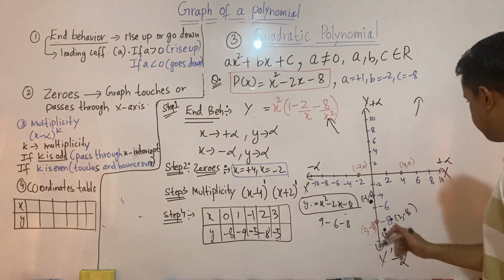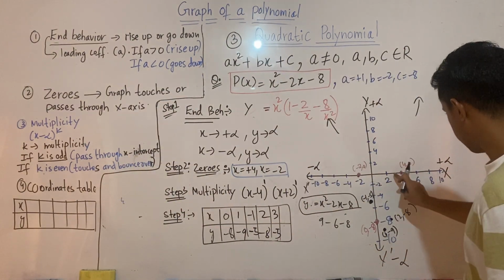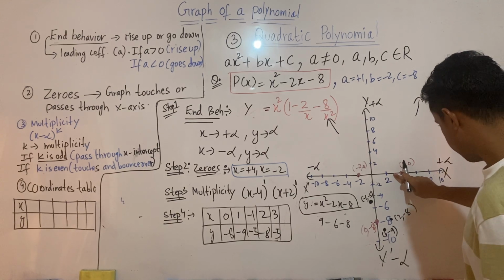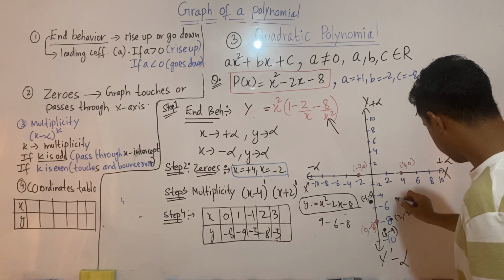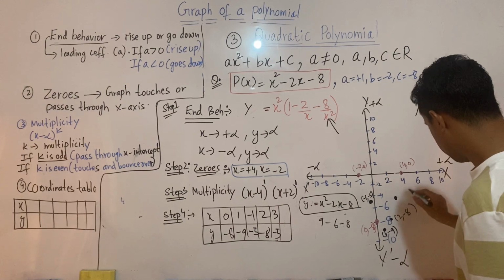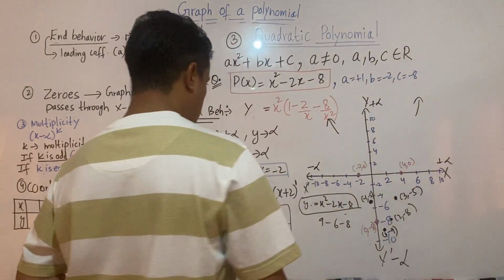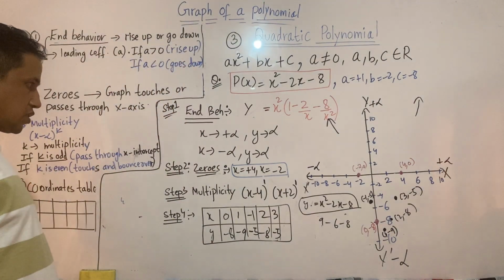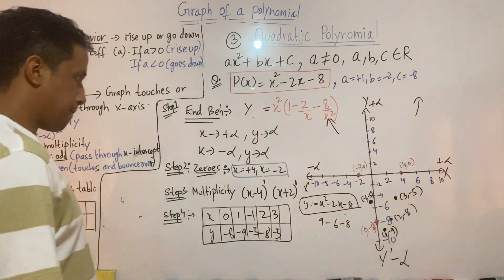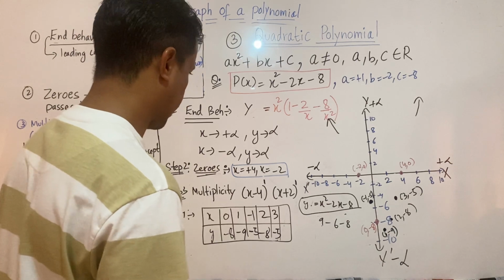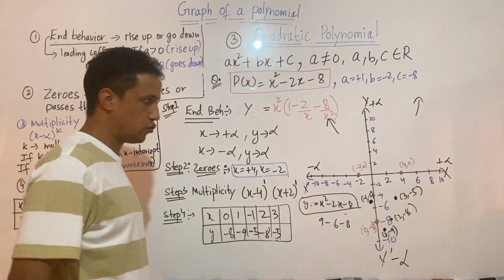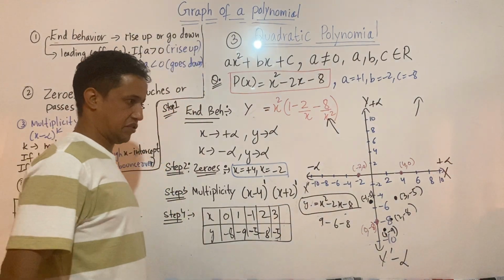So for 3, here is 3 and here is -5. This is the point (3, -5). Okay, fine, we have enough values to sketch the graph.